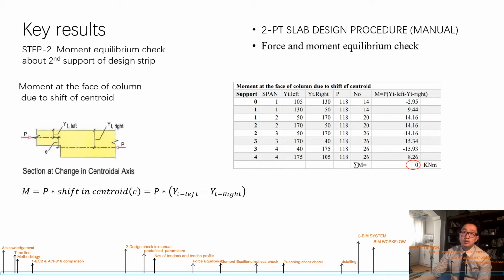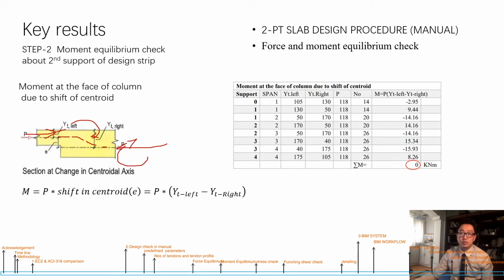However, there is a moment generated in the horizontal direction that might be easy to ignore. We see that the jacking force is acting horizontally, so there is a change of centroid in this direction. About the second support, it will generate moments like this and this.